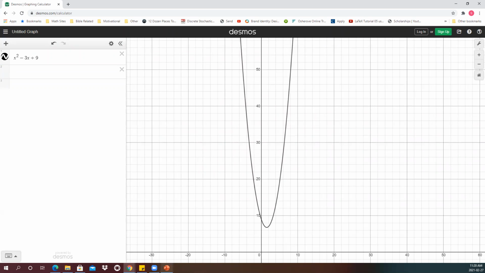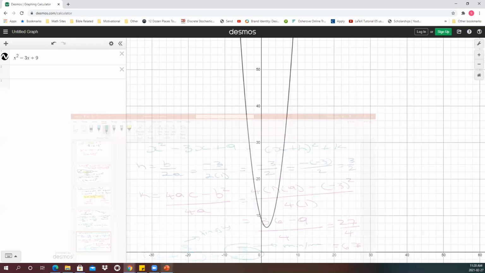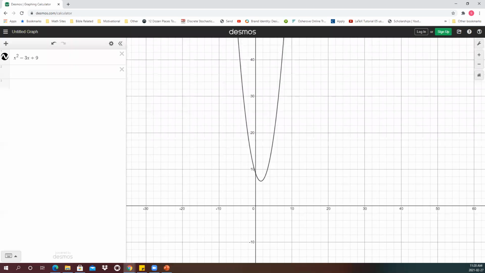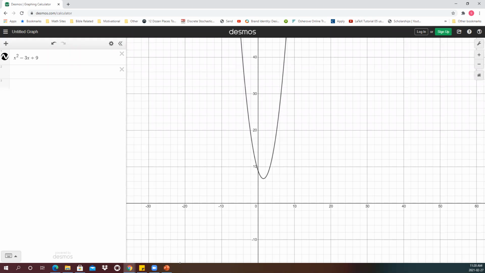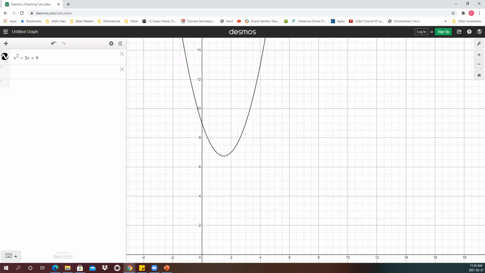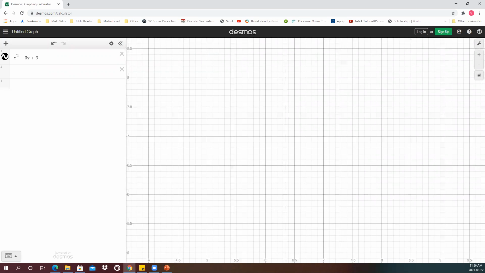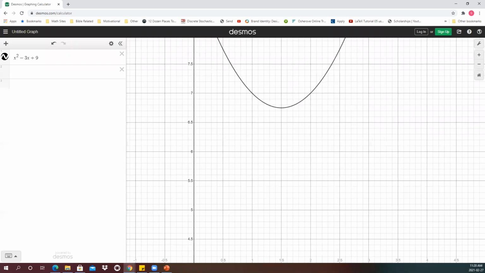Let's check what we got. So we had 3 over 2 for our line of symmetry, and the 6 3/4. Well, this is a minimum, because all of it is in the positive. Hold on, let me just dig it up. Right, so I want to show the 6 3/4 first.